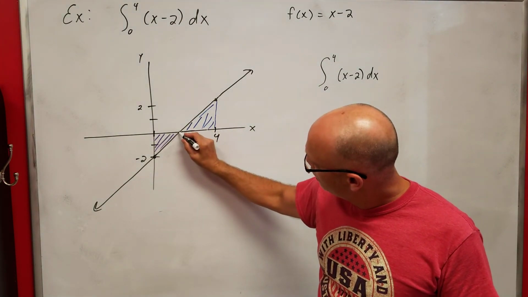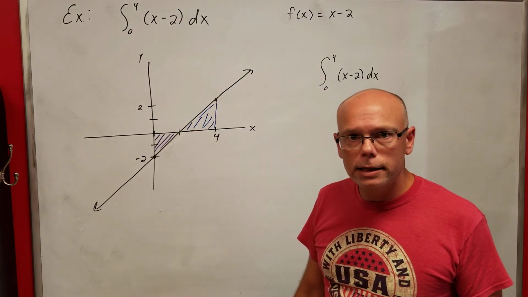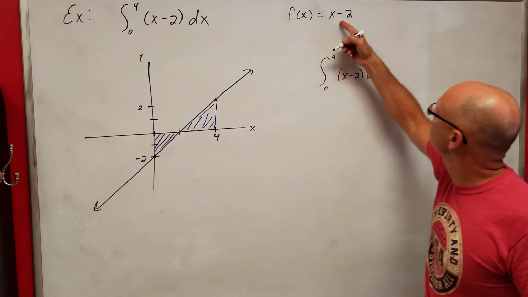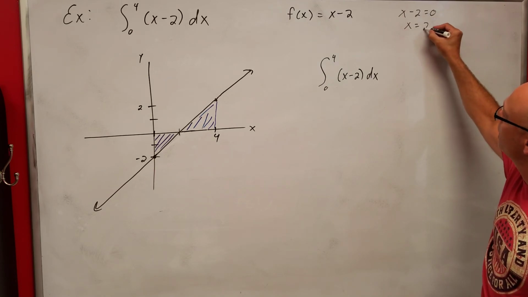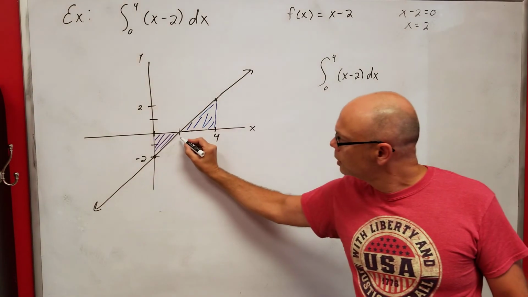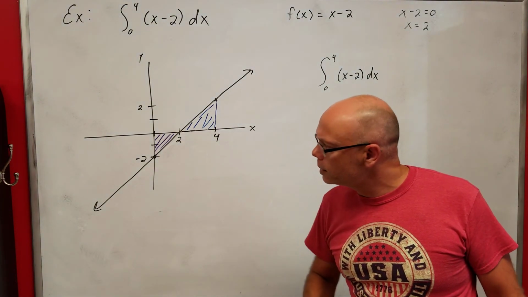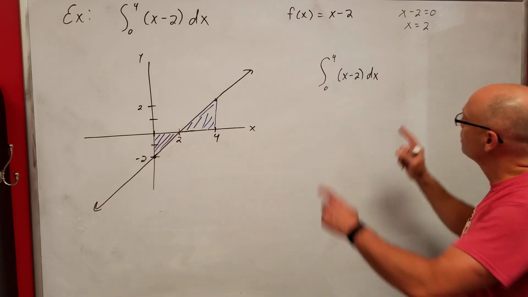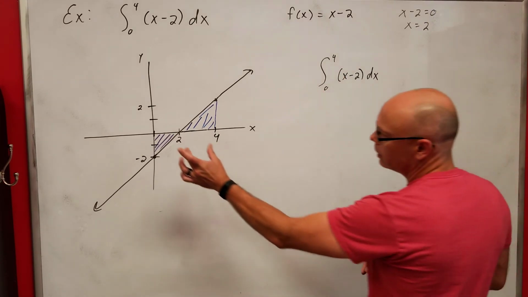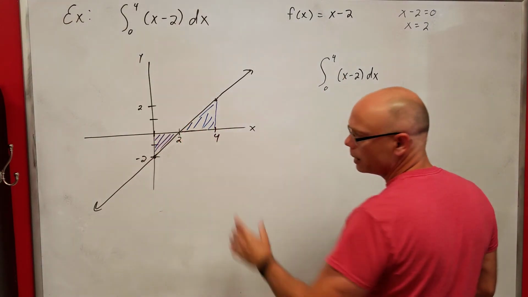So let's find out where I'm at right here, okay? What's the x-intercept of this function? x minus 2, where does that equal 0? When x is 2, right? So that's 2 right there. So to evaluate this, I'm going to find the area of this triangle and add it to the area of that triangle.